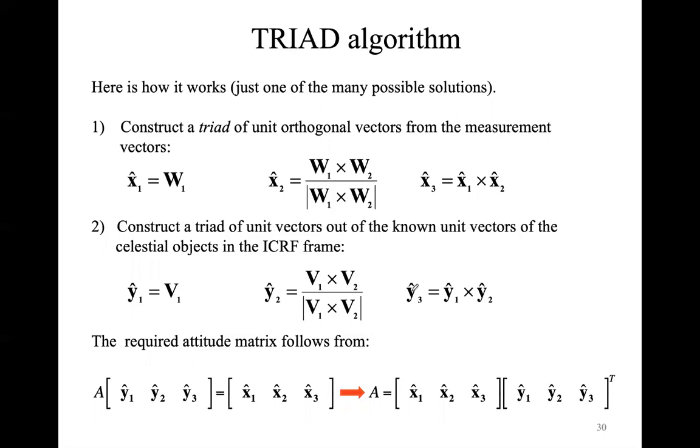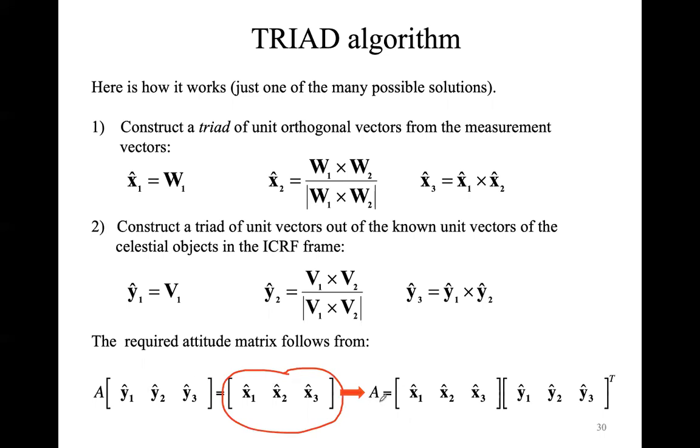Once we have done that, we know that these 3 vectors are all tied to the attitude matrix. So if we multiply the attitude matrix by the vectors expressed in the inertial reference frame, what we get is the matrix of the versors of the triad expressed in the OBF. And so we have a 3 by 3 matrix.